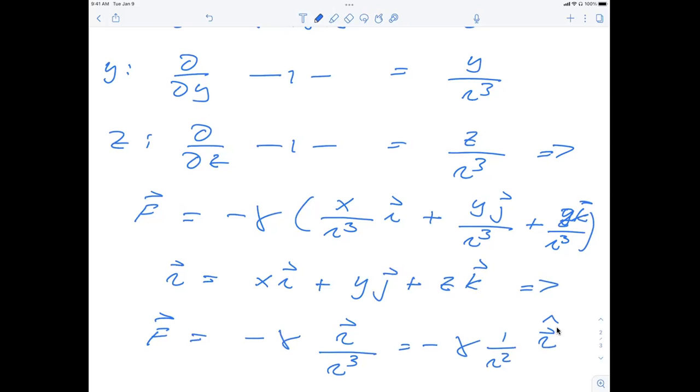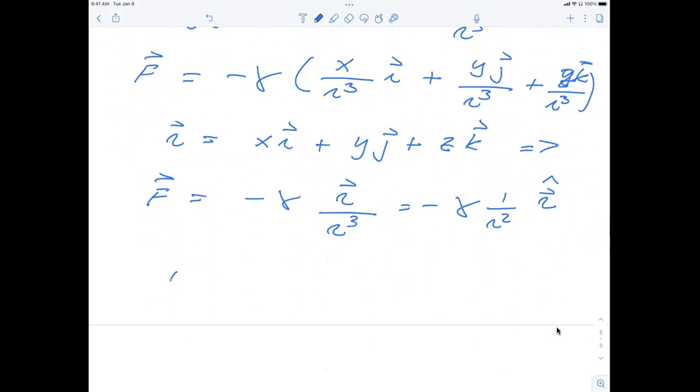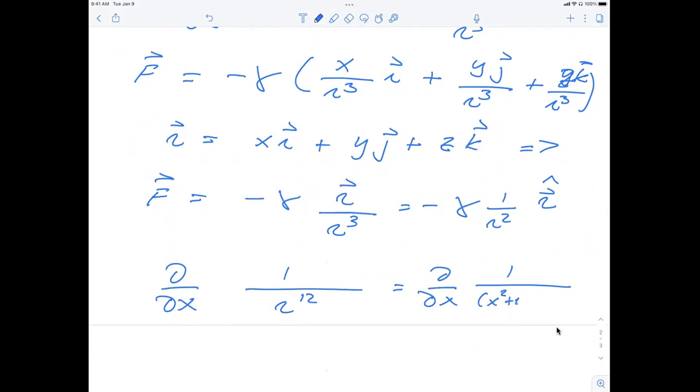Now, the complication you have is that you need to take d/dx of a function which depends on this r to the power of 12, for instance, which means that you need to take the derivative d/dx of 1 divided by x squared plus y squared plus z squared.